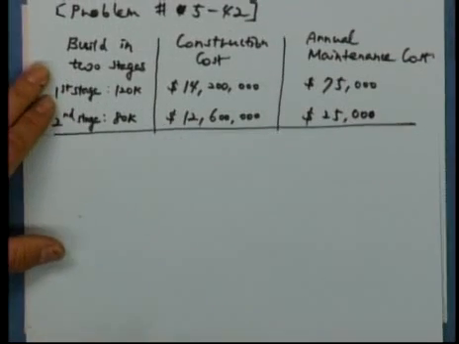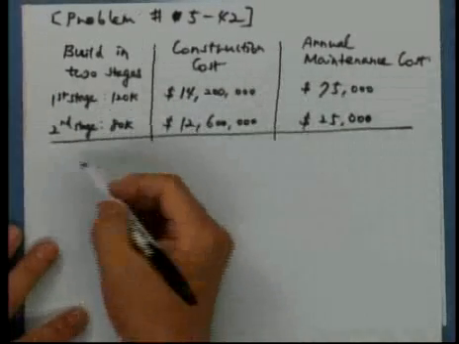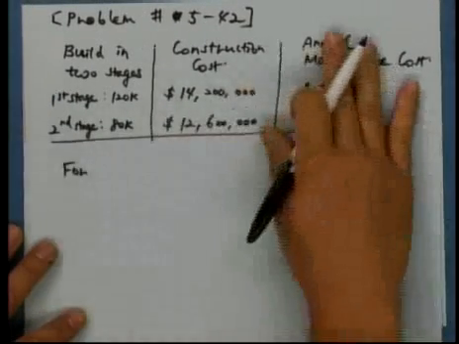What about the present worth of cost for two-stage construction?